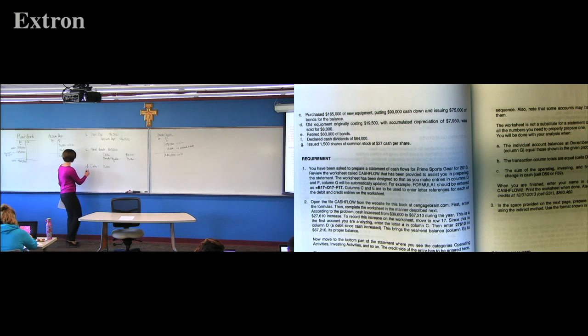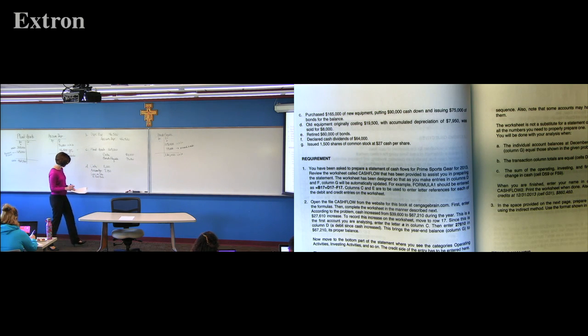So we're going to debit accumulated depreciation for the amount given, which is $7,950. I have a loss on the sale of the plant asset. So loss on sale, a loss is a debit because a loss is like an expense, by the way. Okay, and since it's Monday, I'll just do the math for you.